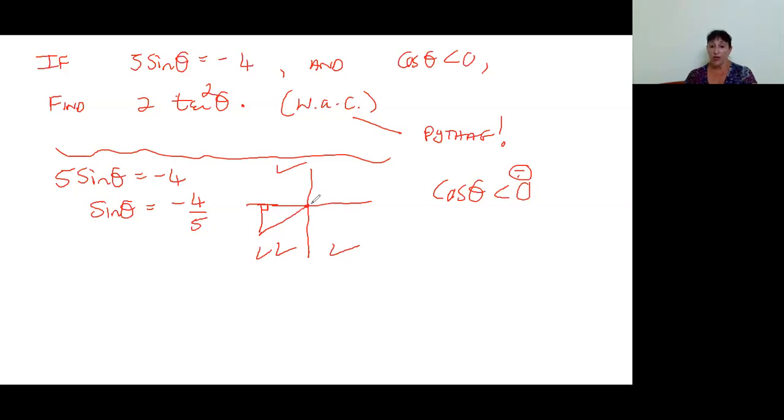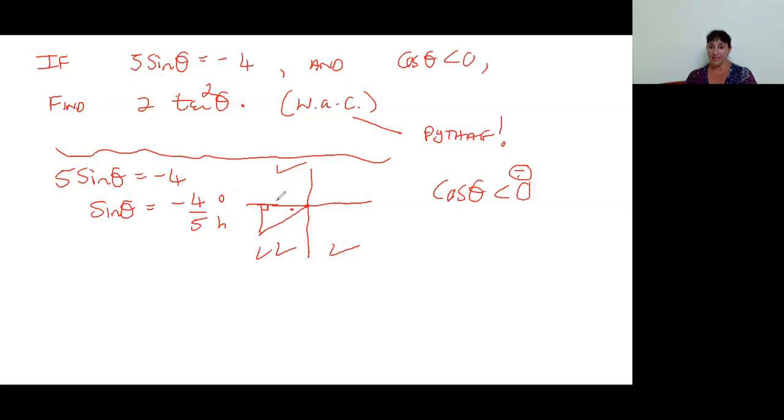Right, so we are essentially working with this angle. From the beginning, remember, naught is my starting position, so that. But the reference angle is the one next to the horizontal. Okay? We then fill in our opposite over hypotenuse. Sine is opposite over hypotenuse. Right?